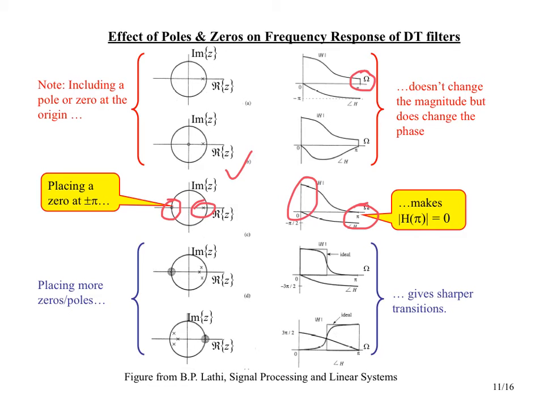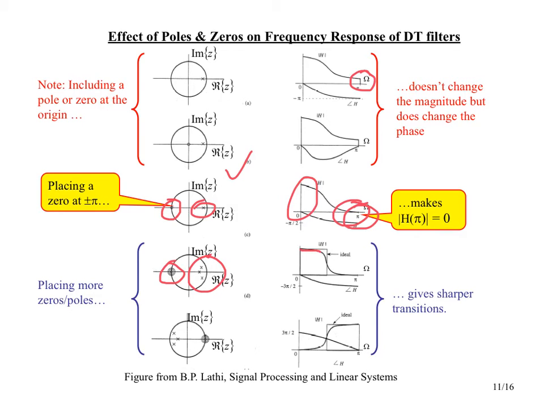So we've, in some sense, made this a better low-pass filter because we are now forcing this down a little bit farther. And if we take that idea to an extreme, we throw in a few extra poles here to try to push things up and hold the passband up a little bit better. And then we put a multitude of zeros all at the origin. It's kind of hard to see how many there are there, but I'm counting 3.